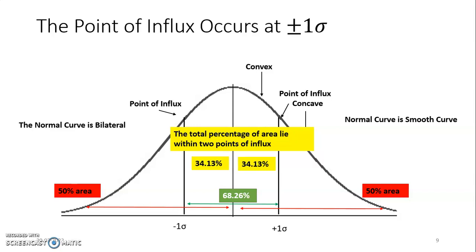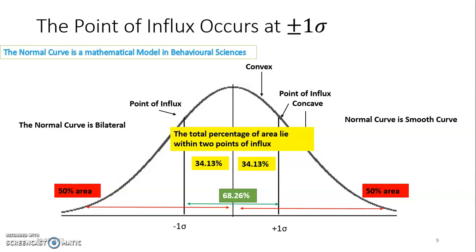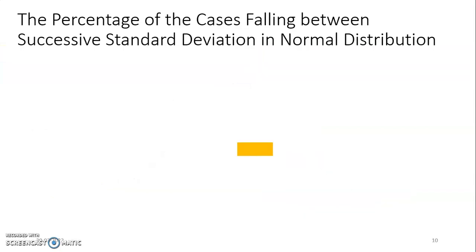That is known as bilateral symmetry. The normal curve is a mathematical model in behavioral sciences. In psychology and other fields, this normal curve is highly useful and is used as a mathematical model in behavioral sciences. Next is the percentage of cases falling between successive standard deviations in a normal distribution.